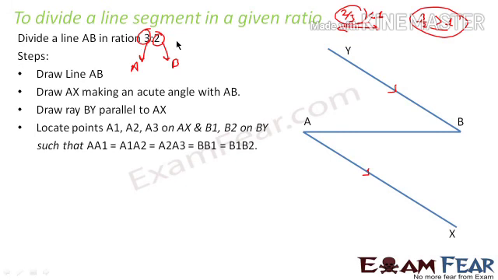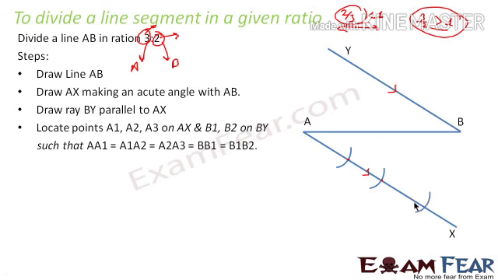See, try to understand. It's a new approach where when you have a line, you draw two parallel lines, and then on the A side you draw 3 points since it is 3:2. On the B side you draw 2 points since it is 3:2. Correct? And all the lengths will be equal. So you take one length from the compass, you draw this line, then from this point you draw again using the compass, you draw this line.